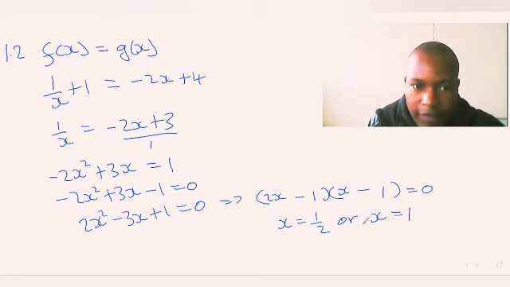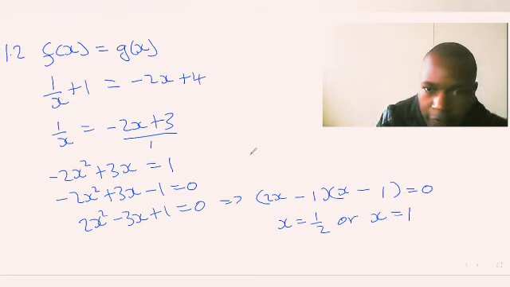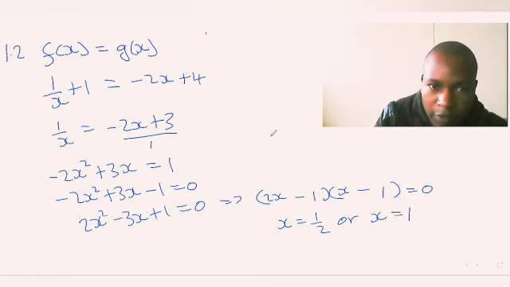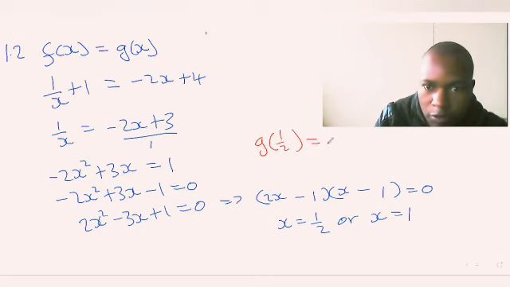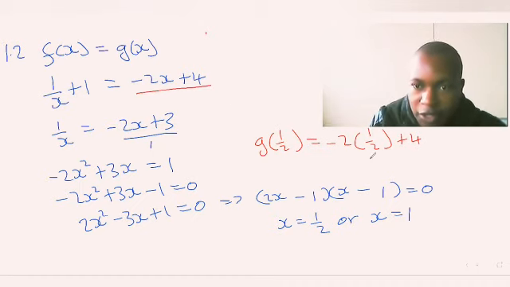Once you have found the x values, you can then make use of either of the two functions to find your corresponding y value. I'm going to maybe use a red marker on this. So g of a half would equal -2 times a half plus 4. Remember that this is making use of the g of x function, the linear function.